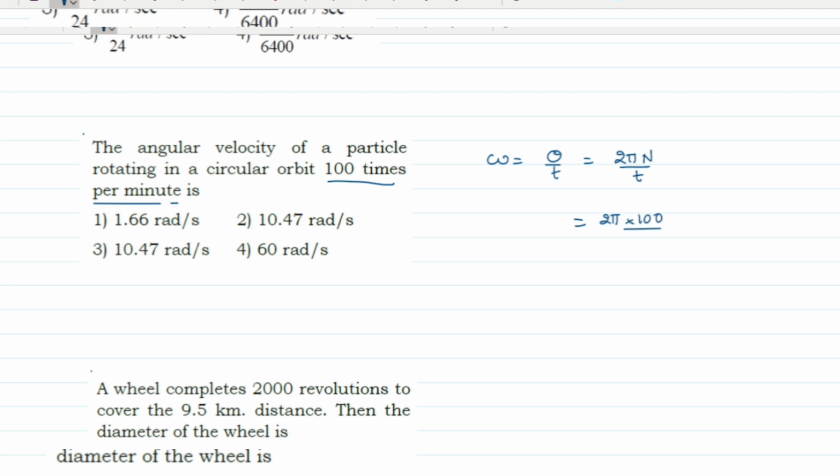Per minute you have to convert into seconds, 60 seconds. 2 fives are 10, so it is 10 pi by 3, which is 10 into 3.14 by 3. So it is close to omega equal to 10.47 radian per second.